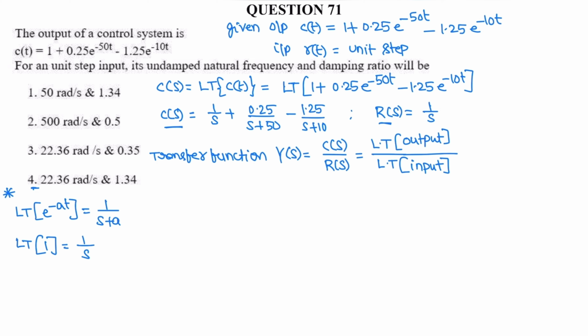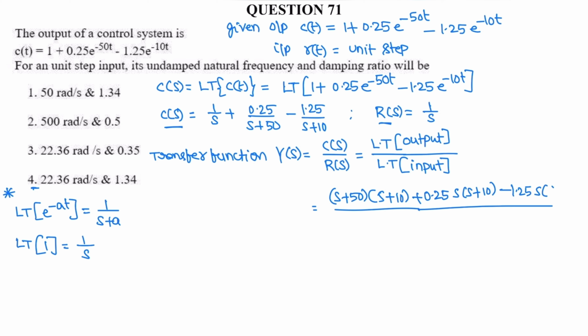Now we get the expression as s plus 50 into s plus 10, plus 0.25 s into s plus 10, minus 1.25 s into s plus 50, and the denominator of the transfer function is s plus 50 into s plus 10, that is s square plus 60s plus 500.